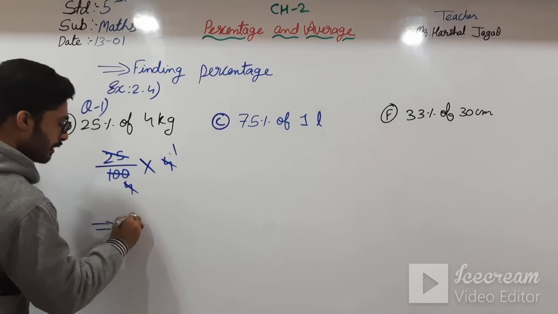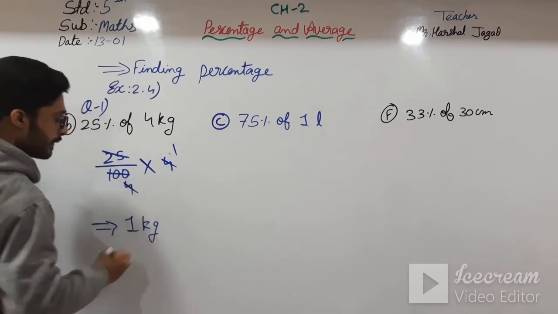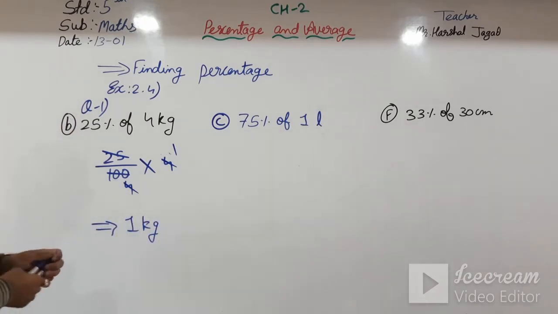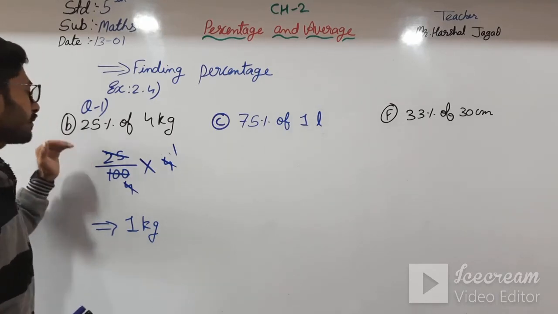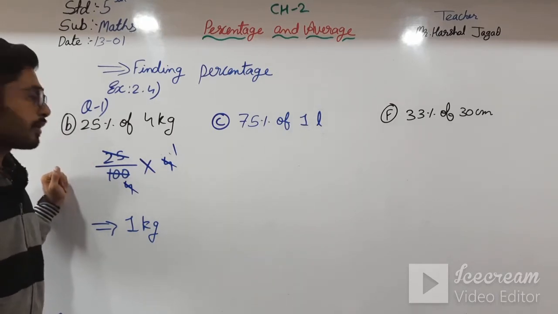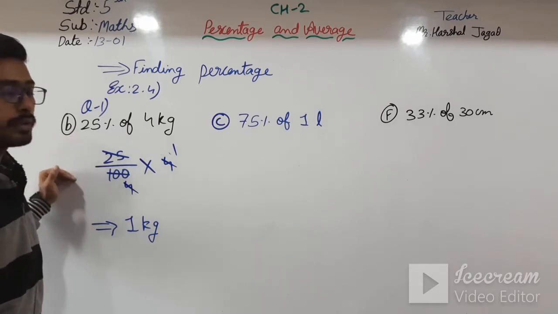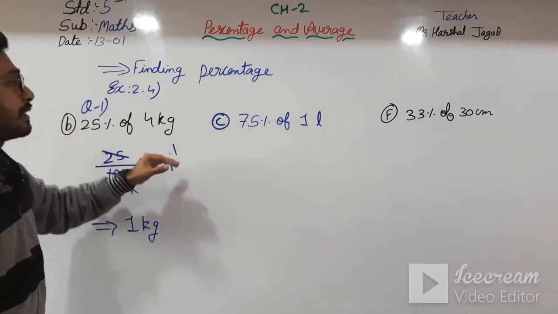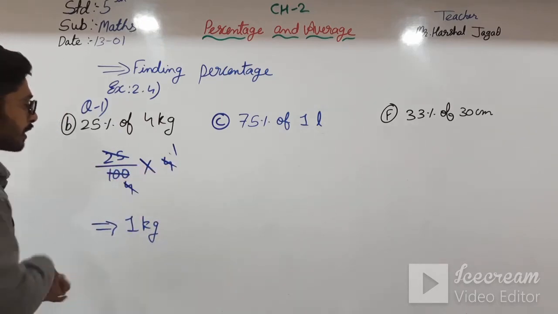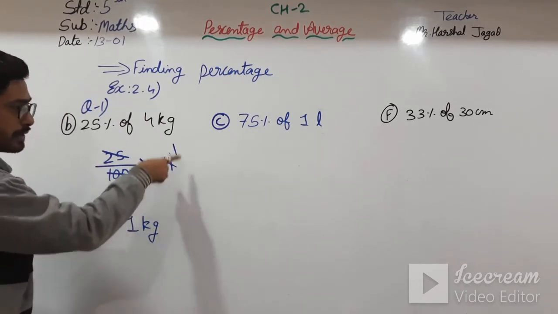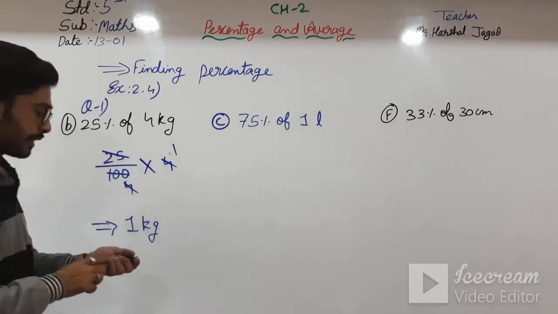So your answer will be 1 kg. We convert percent to fraction, and then multiply. So 25 by 100 into 4: 25 4s are 100 and 4 1s are 4, and your answer is 1 kg.